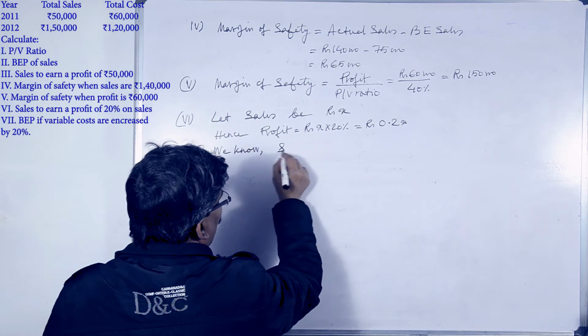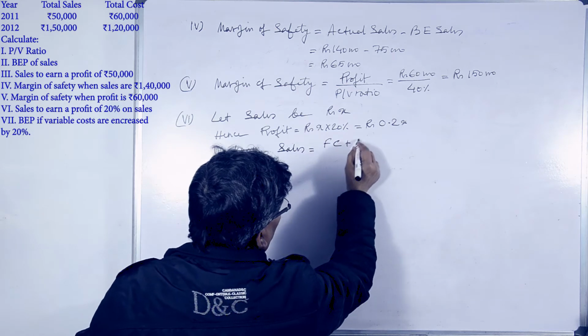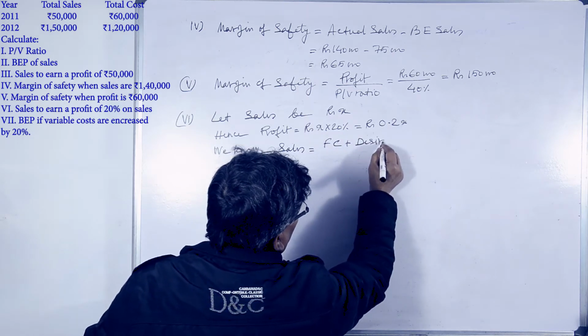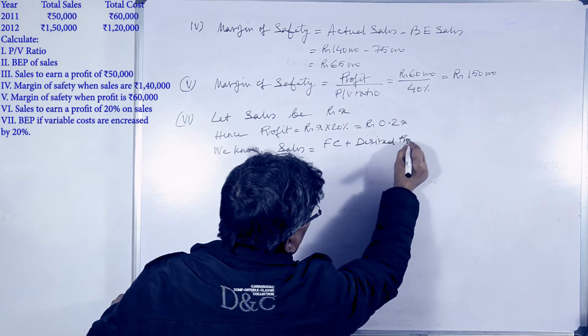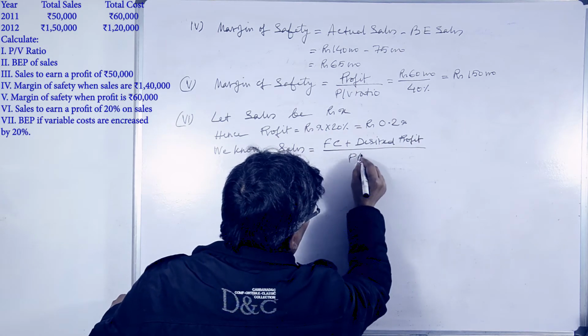We know sales equals fixed cost plus desired profit divided by PV ratio.